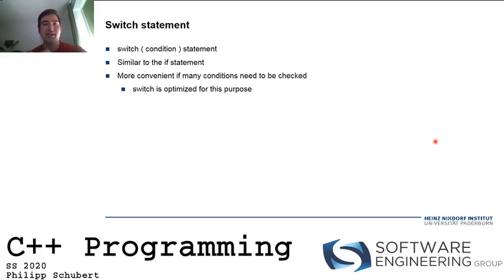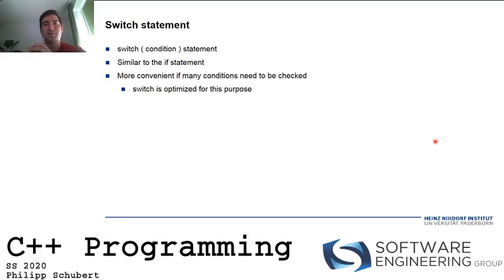It's really convenient if many conditions need to be checked, and switch is highly optimized for this purpose. I will tell you one restriction on the next slide if I recall correctly. It's a bit more restricted than having if else.